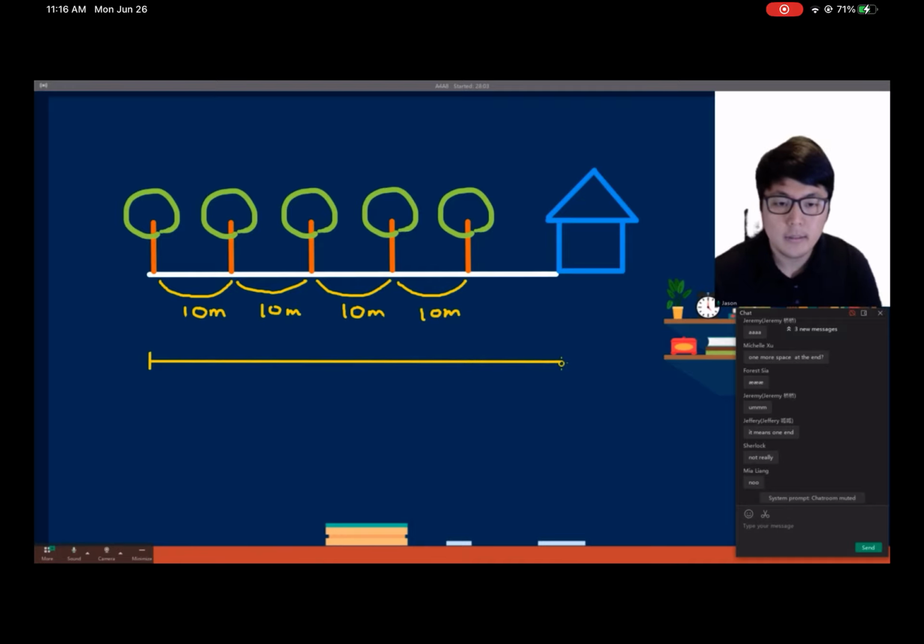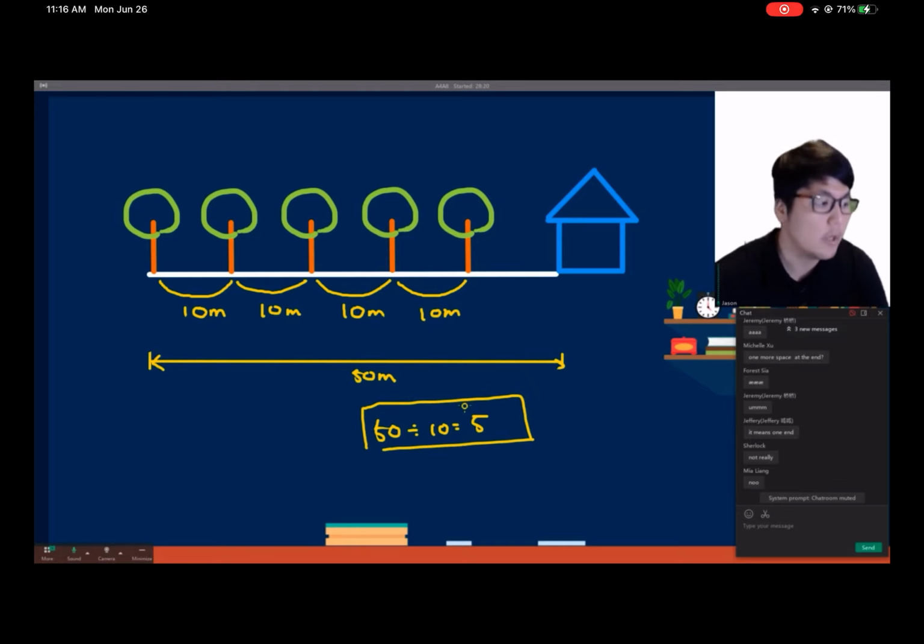If the question said the road is 50 meters, in order to calculate, look, 50 divided by 10 is 5. We can only do this because we want to make sure all the intervals are the same. So this should also be 10 meters.